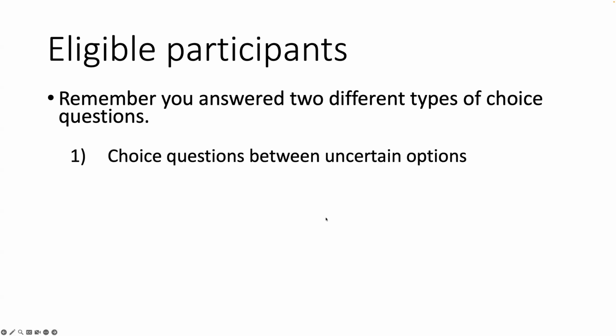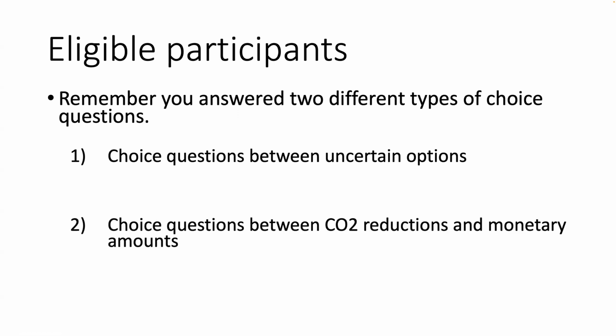The first type concerned choices between uncertain options. The second type involved a choice between reducing CO2 emissions by 1 ton on one hand, and on the other hand, receiving some monetary amount for yourself.